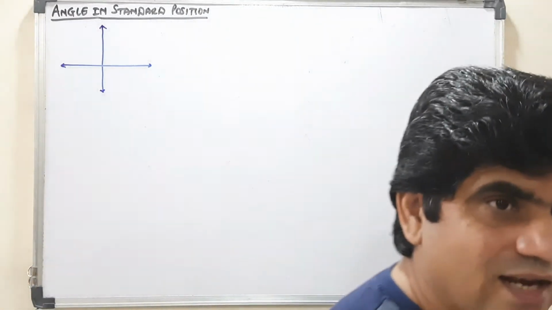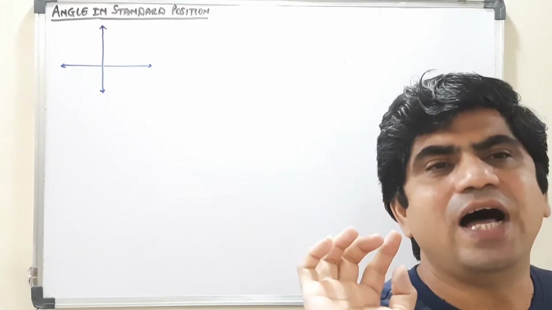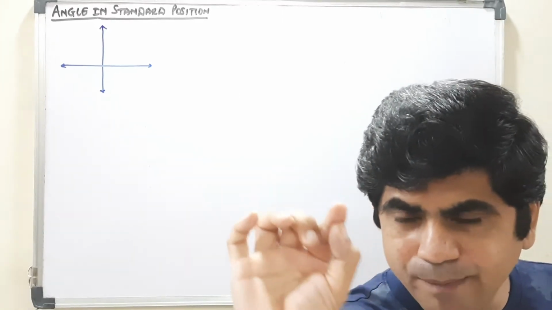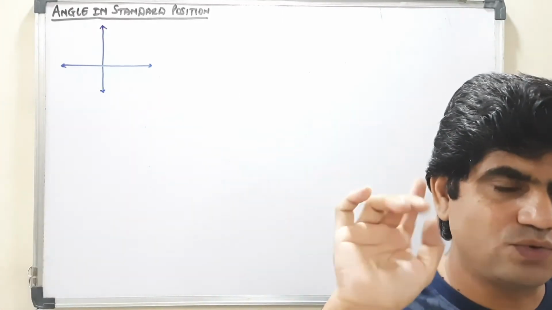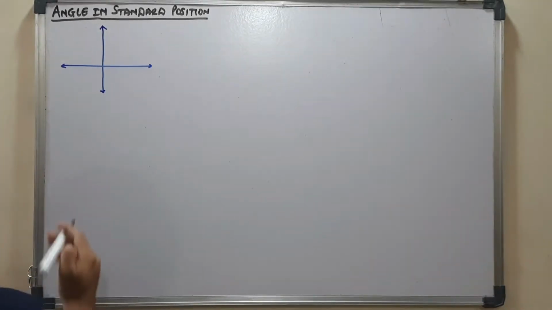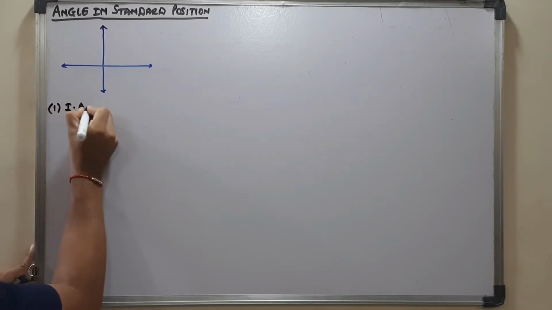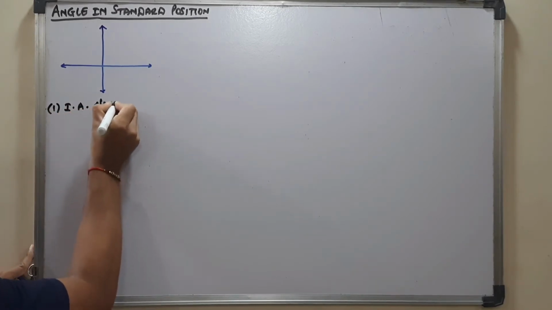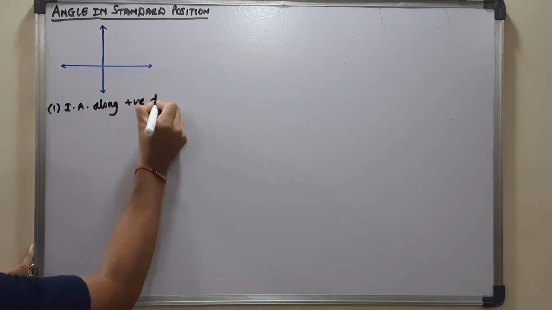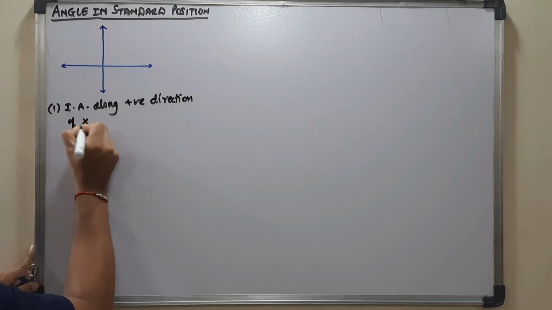Now the angle which has its initial arm along the positive direction of the x-axis should have its initial arm along the positive direction of the x-axis.